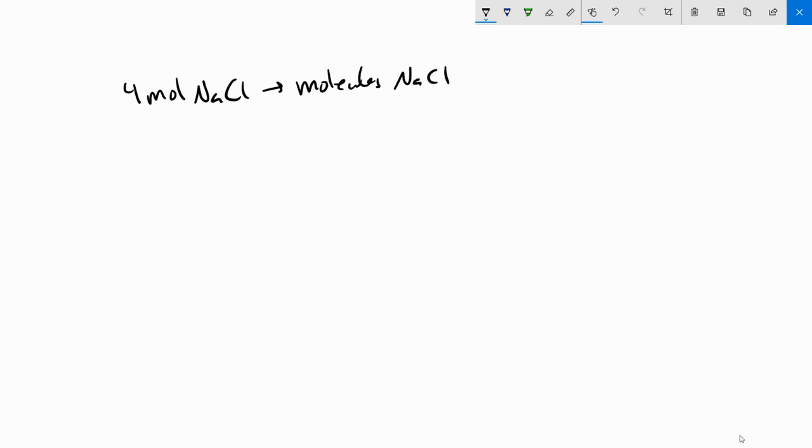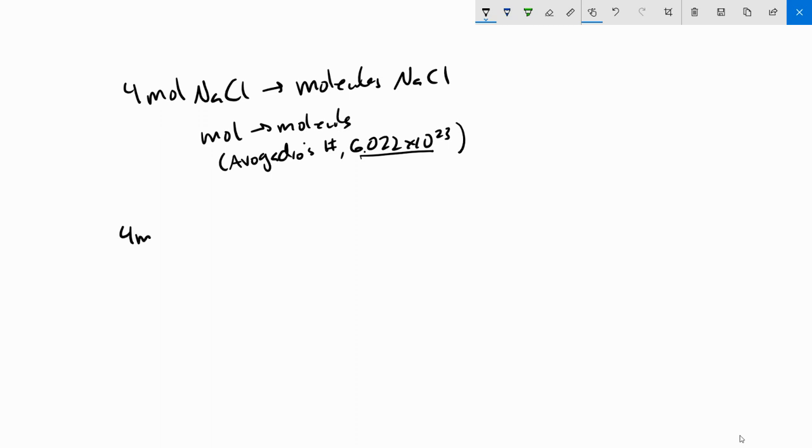If we're going from moles to molecules, that means we need to use Avogadro's number, which is 6.022 times 10 to the 23rd power. Because remember, 1 mole of any sort of substance is just 6.022 times 10 to the 23rd of that thing. Okay? So I've got 4 moles of NaCl.